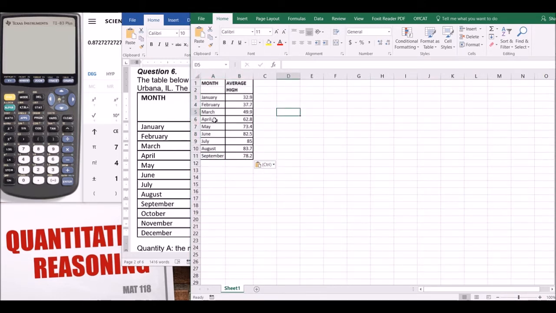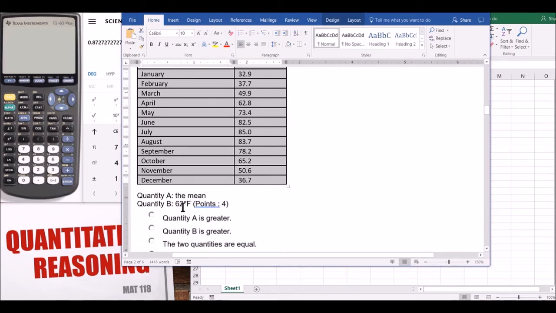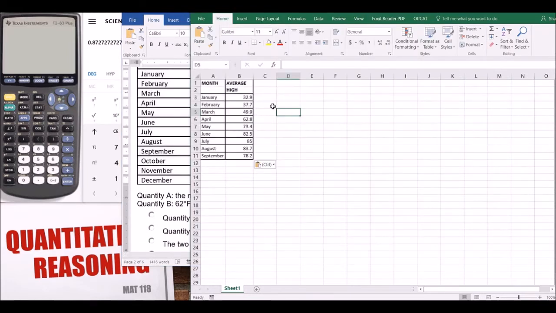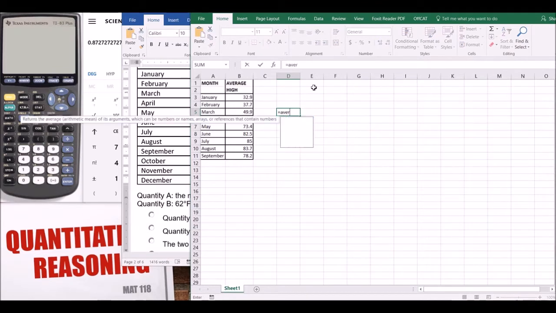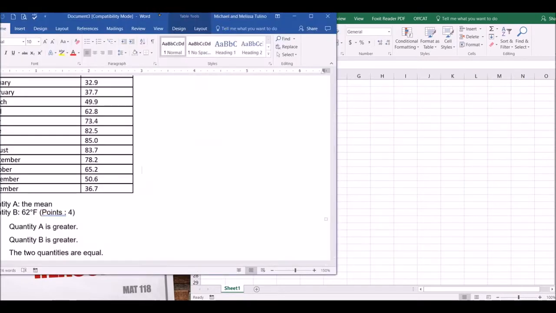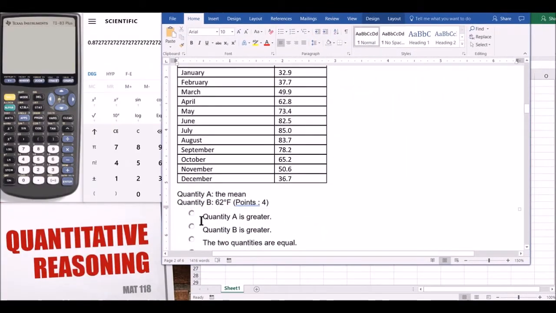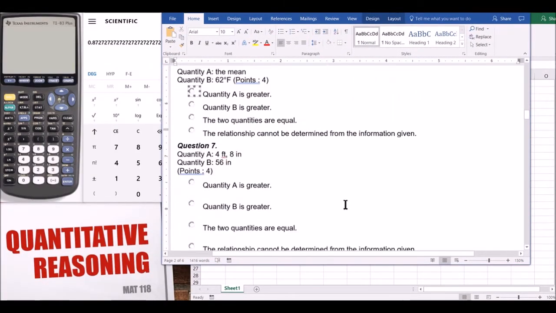All right, so everything is in. And now we're looking at the mean versus 62. So let's go equals average, parenthesis. Okay, there we go. That's the mean. So we have a mean of 65.1 and we have 62. So the mean is greater.